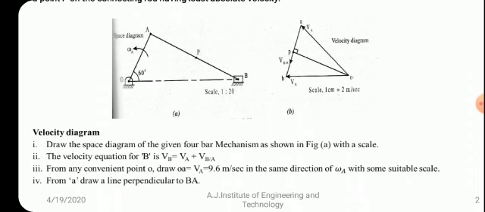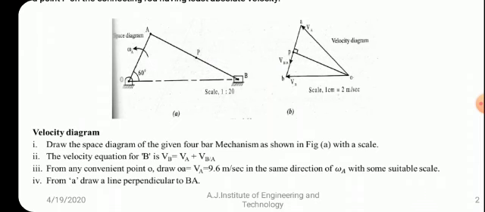First, from O, you draw a line VA. We know the magnitude, and we know the direction, which is perpendicular to OA. Omega is given as 20 radian per second, length is given as 480 mm. Multiply this, we get 9.6 meter per second. You take a suitable scale, and from O draw a line VA.